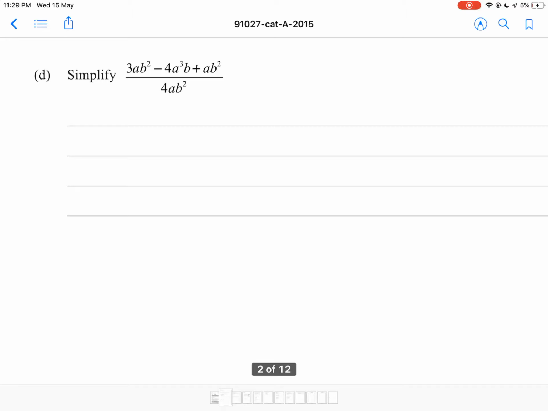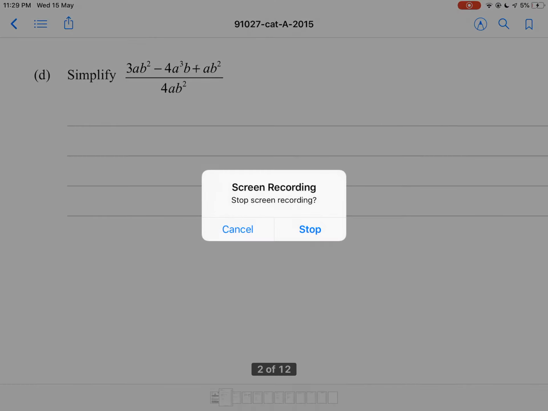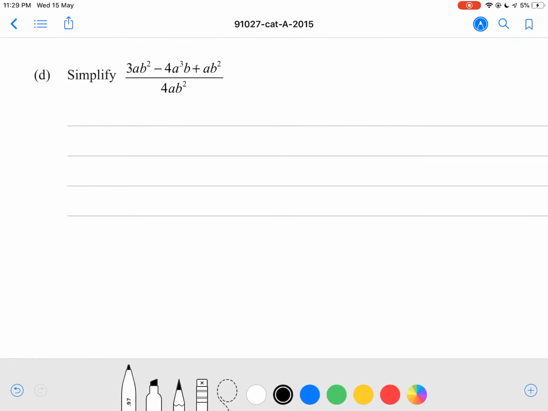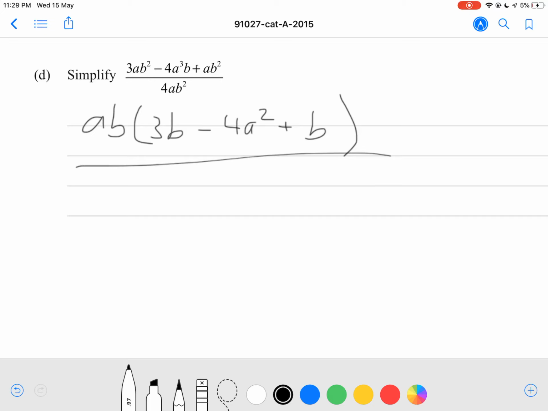Okay, so basically, we just take the common factors out. So we'll take ab out. 3b minus 4a squared, plus a is gone actually, so it becomes just plus b, since you're taking ab out of each one of these, divided by 4ab squared.